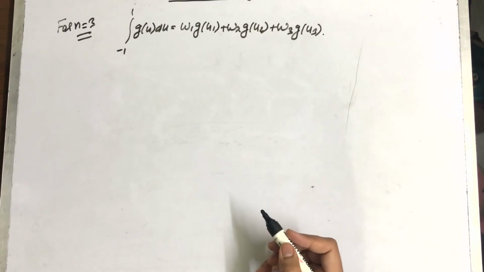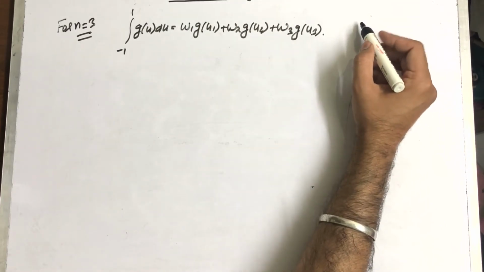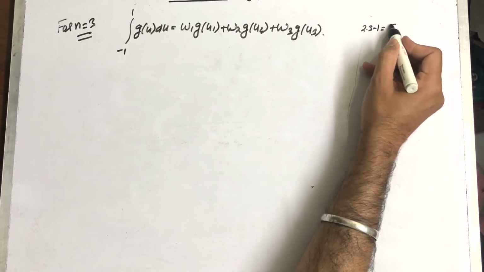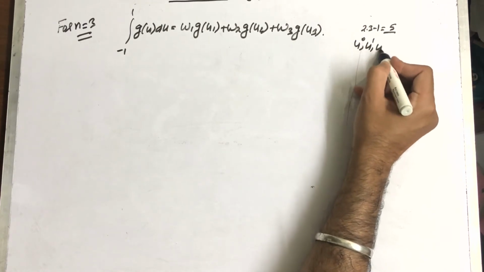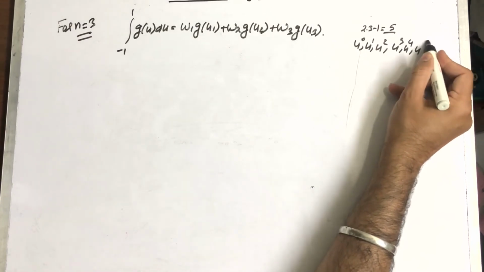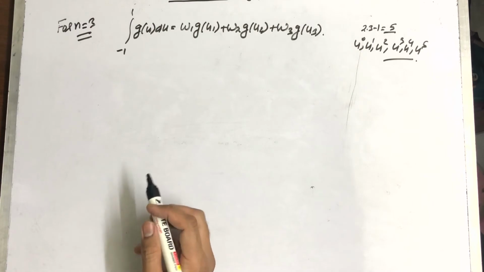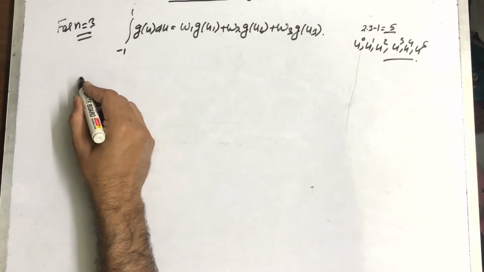So this is the equation, and very easily it will satisfy polynomials up to degree 2 times 3 minus 1, 6 minus 1, that is 5. That is u power 0, u power 1, u power 2, u power 3, u power 4 and u power 5. So writing in the similar manner that we have done for n is equal to 2, I am writing the final answer here.